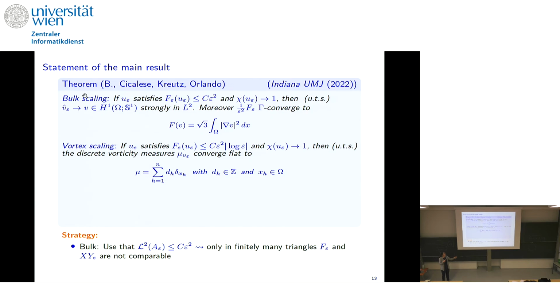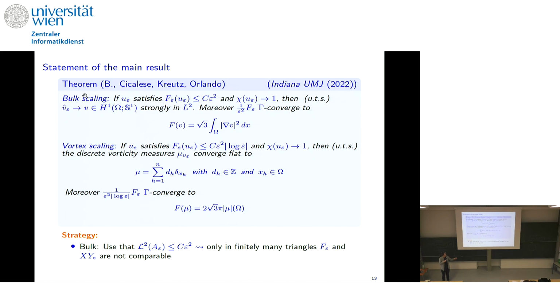This converges again flat to what we already saw before: a finite sum of Dirac deltas with integer weights, centered in finitely many points in your domain omega. And similar to before, you can express the gamma limit of your rescaled functions in terms of this measure mu, and it will just become, up to a factor, the total variation.